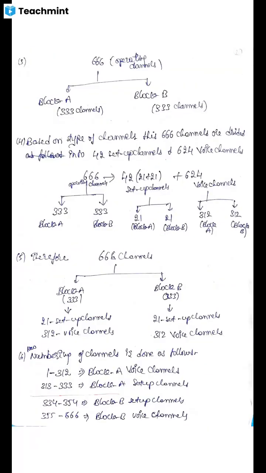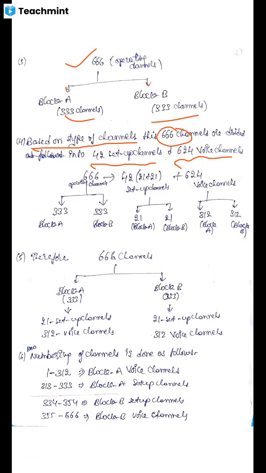See here I had drawn the mapping, that is 666 channels: block A containing 333 channels, block B containing 333 channels. Now, based on the type of the channels, here is the important point. Based on the type of channels, I am dividing these 666 channels into 42 setup channels and 624 voice channels.